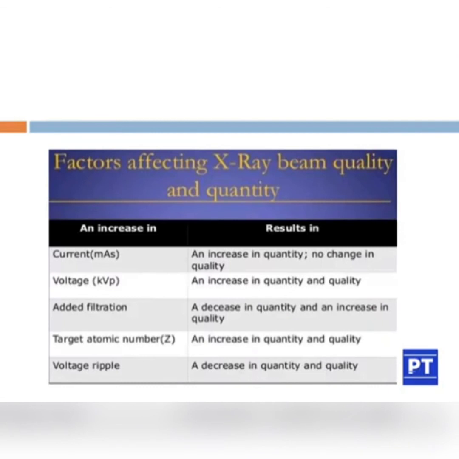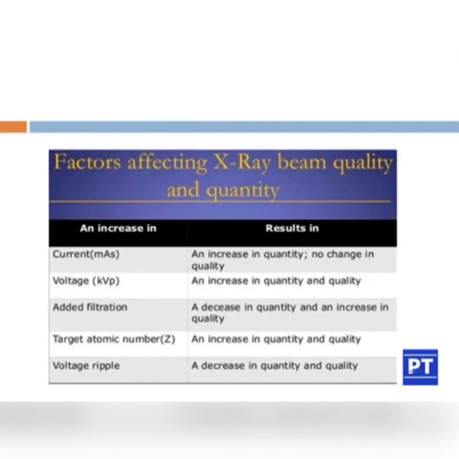Then added filtration. In order to filter the beam, we use filters. More about filters we will discuss in the upcoming topics. So when we increase the filter, added filter means a decrease in the quantity and an increase in the quality. So it will decrease the quantity of the photons.